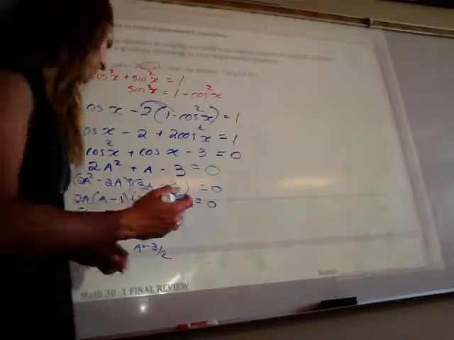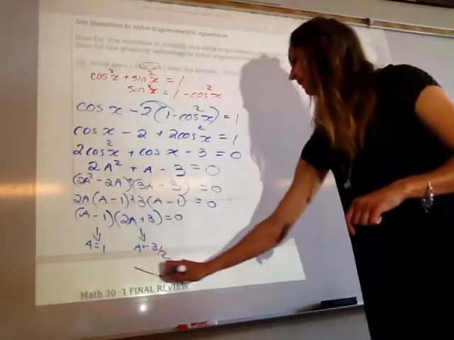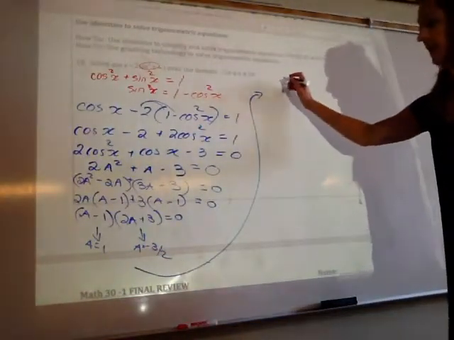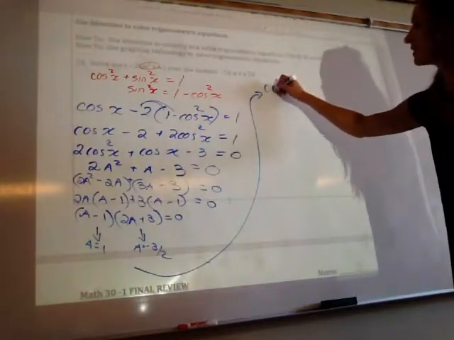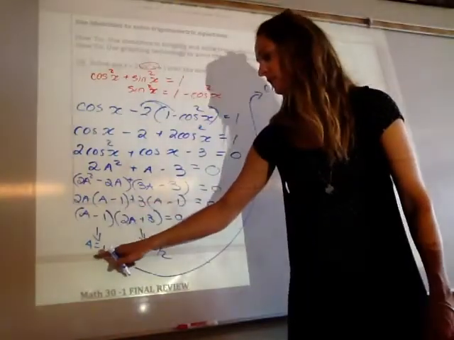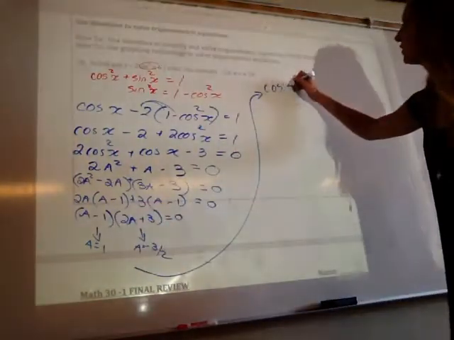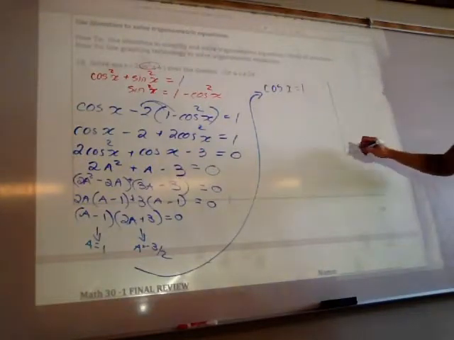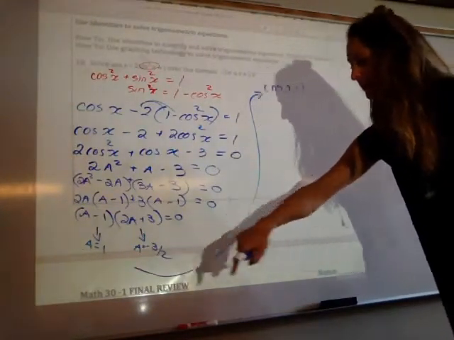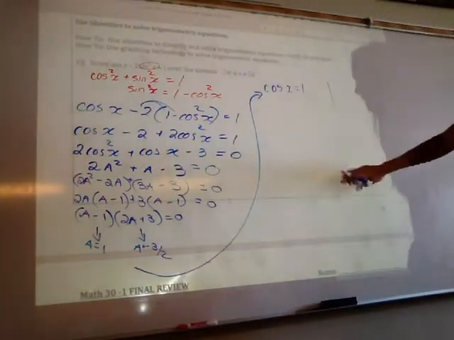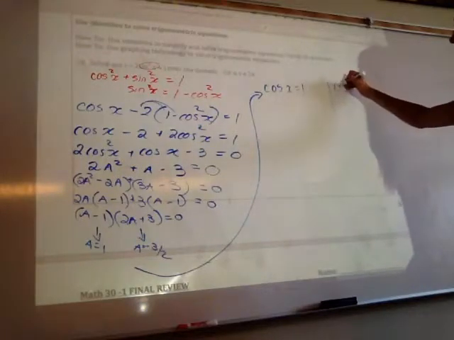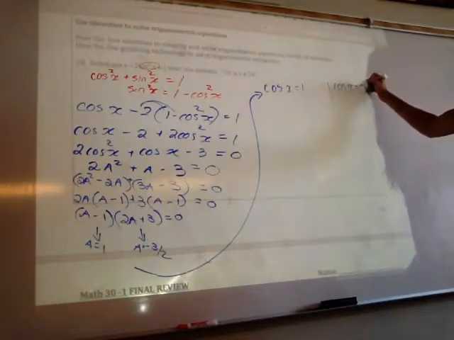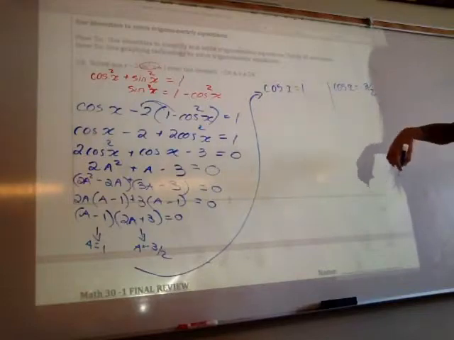But what we have to remember is that a is not a, it is cosine x. So from our first factor, a is 1, that's actually cosine x equals 1. Okay, and from our second factor, a is equal to negative 3 over 2, that's actually cosine x is equal to negative 3 over 2.